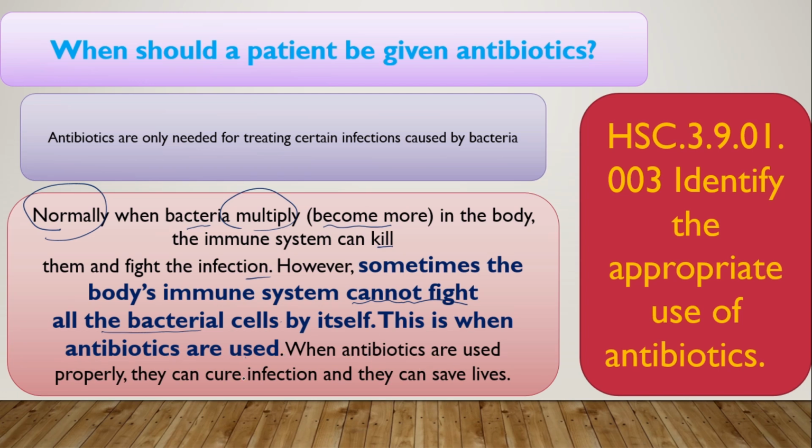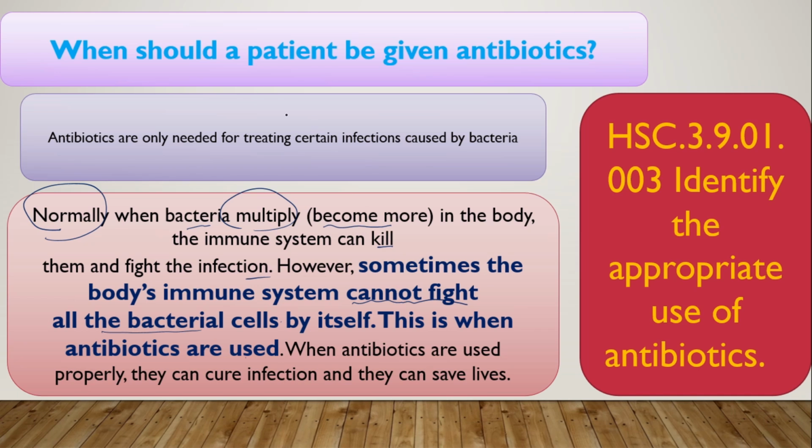When antibiotics are used properly, they can cure infection and they can save lives. Okay? When should a patient be given antibiotics? When conditions are unlikely to clear up without the use of antibiotics. Okay?